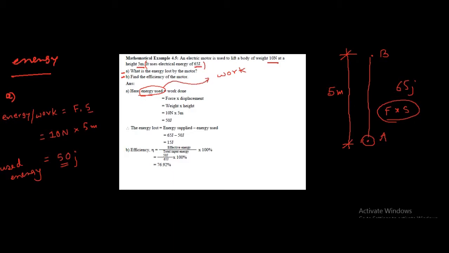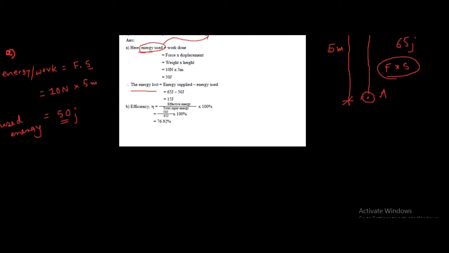Used energy is 50 joule. That means the lost energy is given energy minus energy used. The lost energy will be 65 minus 50 joule.